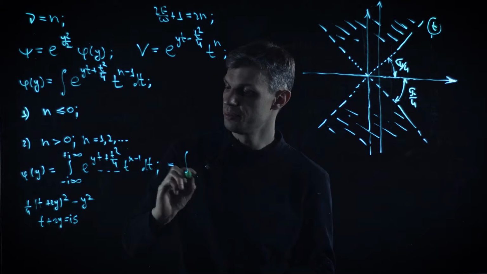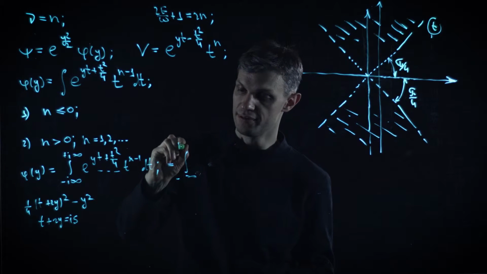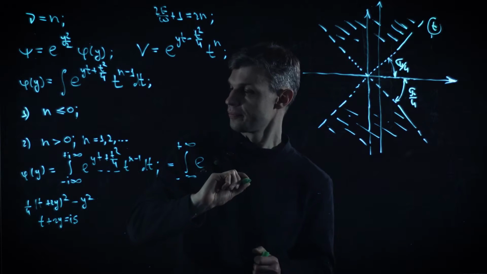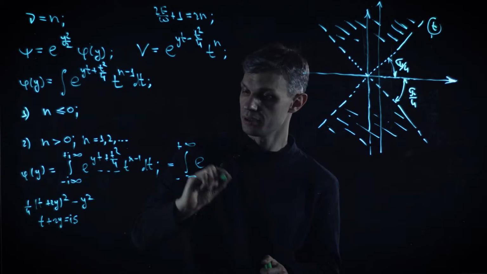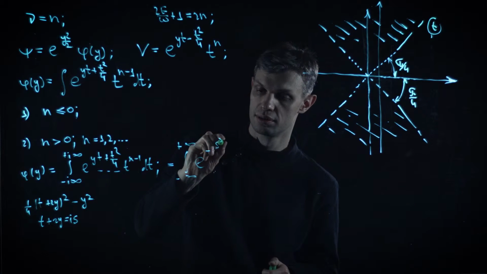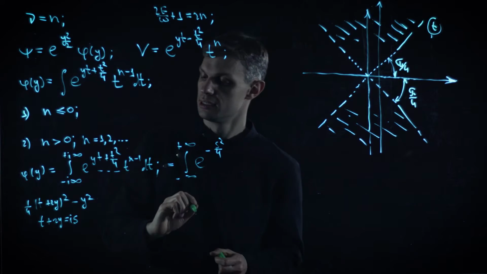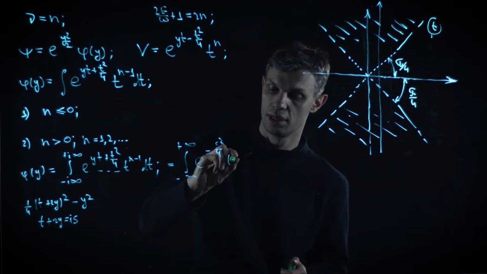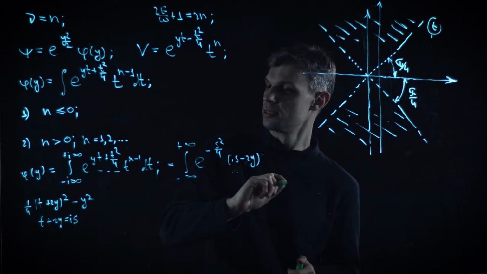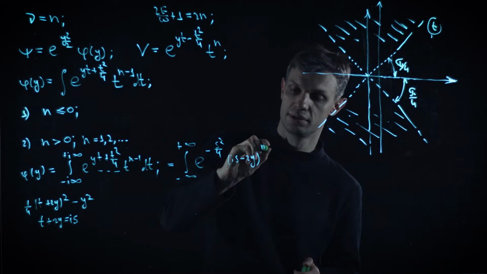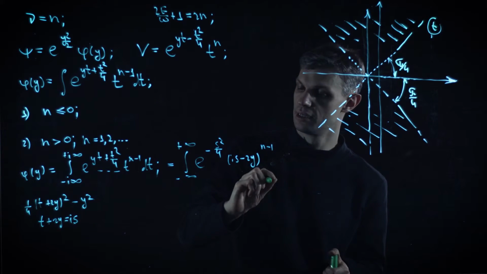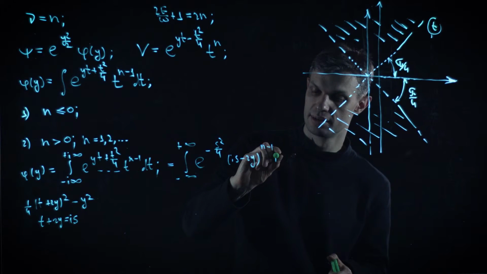This way, the integral becomes from minus infinity to plus infinity, e to minus s squared over 4 times (is minus 2y) to the power n minus 1, times i ds.